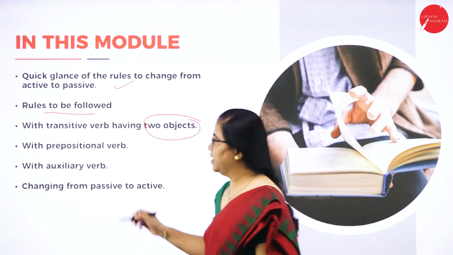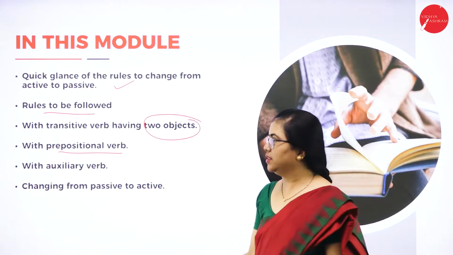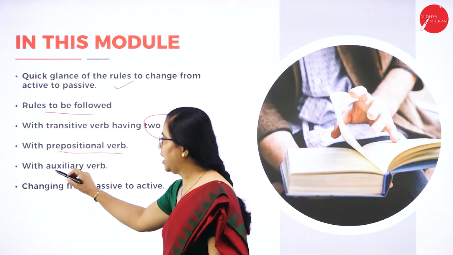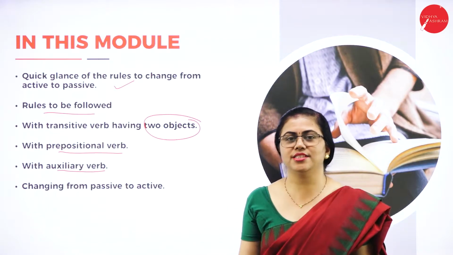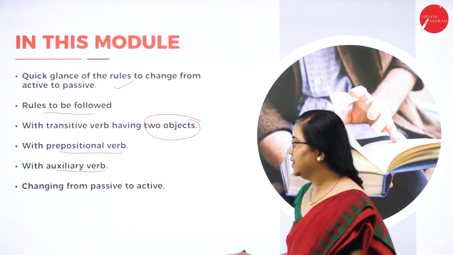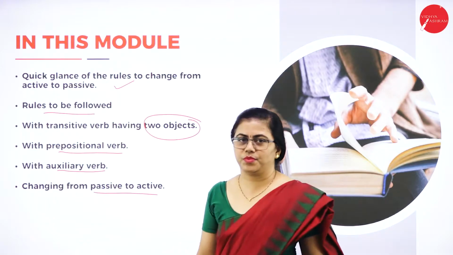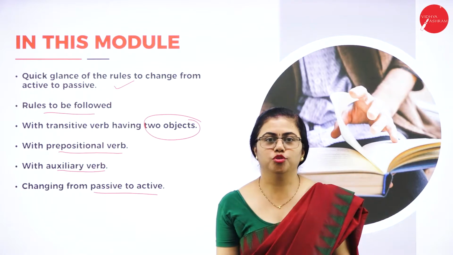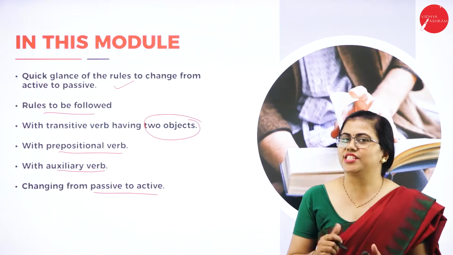Then we'll also deal with the prepositional verb, when the transitive verb is a prepositional verb. Then we'll also have a look at those verbs that are auxiliary, and how to change sentences that have auxiliary verbs from active to passive voice. Then we'll also learn about how to change from passive to active. So all these sessions were active to passive. At last, we'll have 1 or 2 slides about passive to active changing. So let's begin our session.